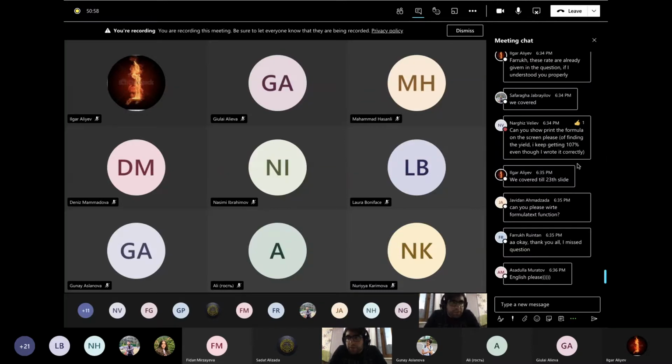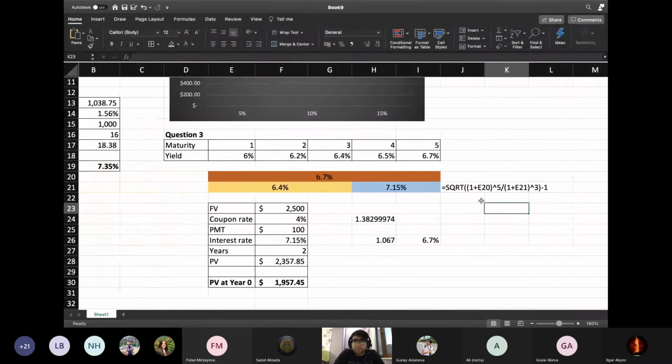Najis says, can you please print the formula for finding yield on the screen? I keep getting 7%. Nermin, the formula is here. The formula is in your PPT. Çağatay müəllim set the formula for how to find it.